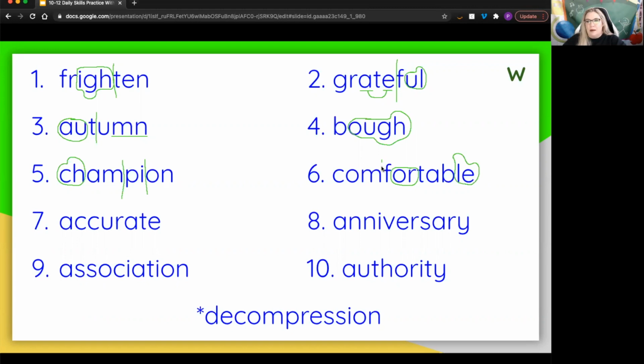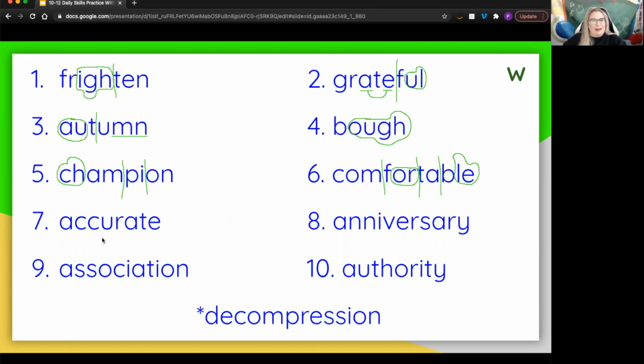Com, fort, a, ble. Comfortable. Now I broke it up into 1, 2, 3, 4 chunks there, but a lot of people pronounce this word in 3 chunks, comfortable. I recommend that you break it out into 4 chunks when you're trying to spell this word so that you don't leave anything out.